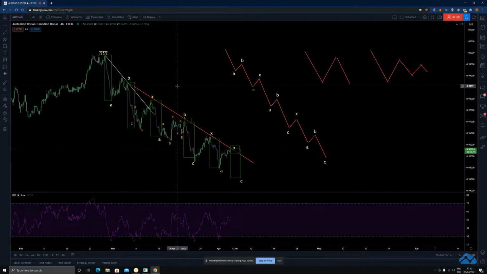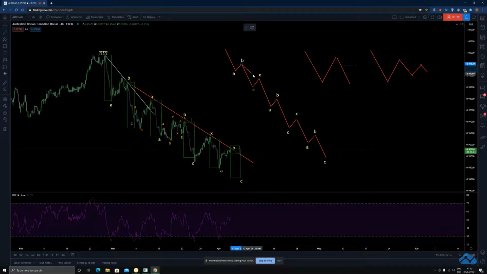Now, the good thing about this was, of course, I didn't see it before, but when the market reached somewhere around here, of course we didn't know back then, when it was oversold, this was actually not a bad place to go long. Why? Because if it is really a triple zigzag, the market has to do something.